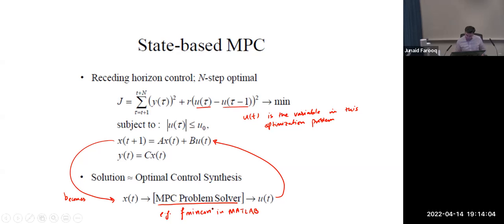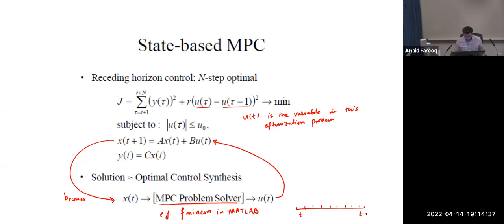Okay, so once this optimization problem is solved, then you get a u. Obviously you will get an array of u, maybe a large array, right?